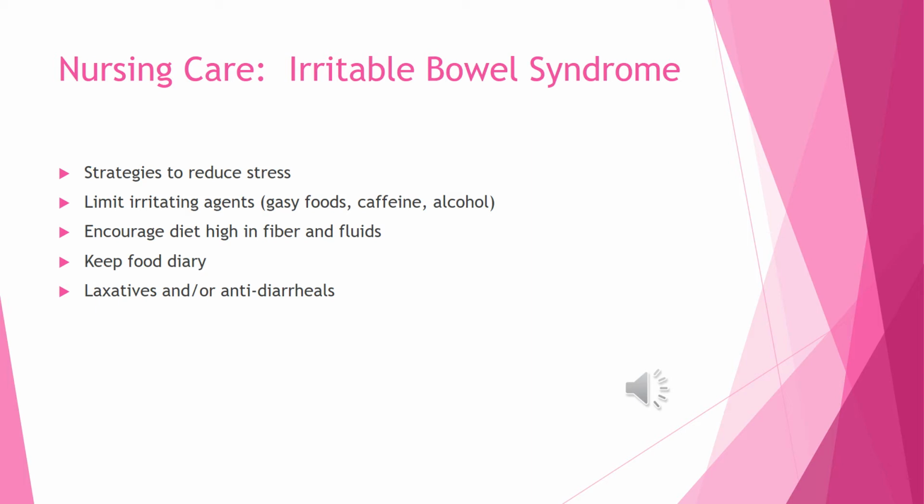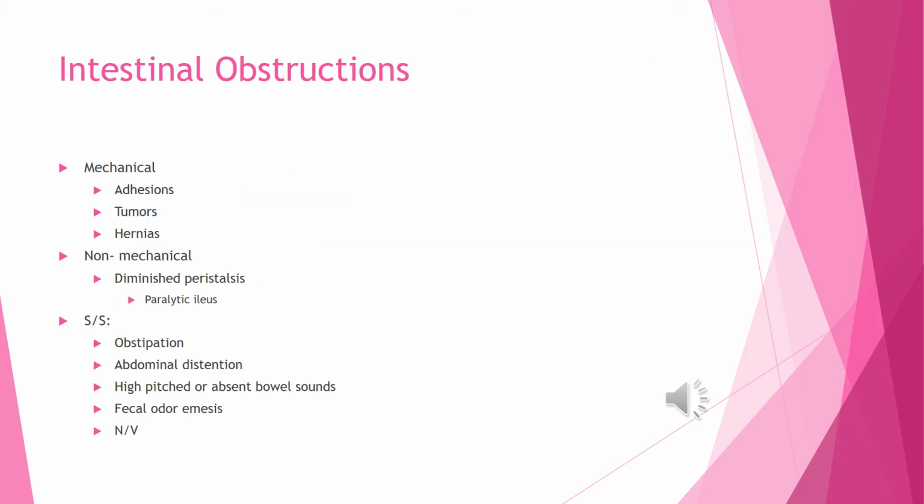If there are things that irritate, make sure that those are eliminated from the diet. The diet should be high in fiber and fluids to help with the bulk, and then also if there's any constipation, it may be very helpful to keep a food diary. What is irritating? What are you eating that maybe sets you off? And then finally, laxatives and or antidiarrheal agents will probably be used.